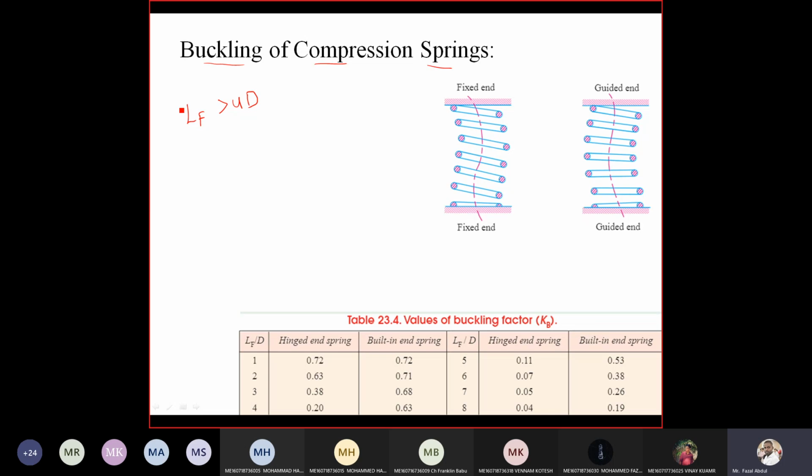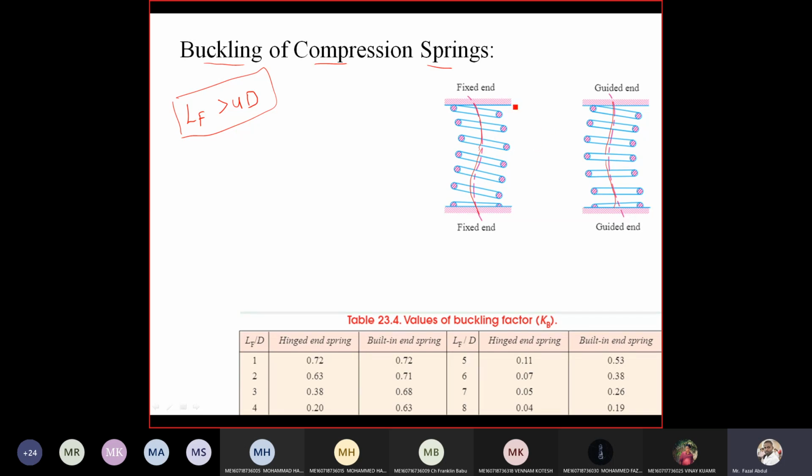Then the spring is going to deflect in a buckling manner. It means the spring is going to bend in the position I have shown on the screen. See here, the first half portion is bending in this manner and the second half portion is bending in this manner. Such a type of failure is buckling failure.